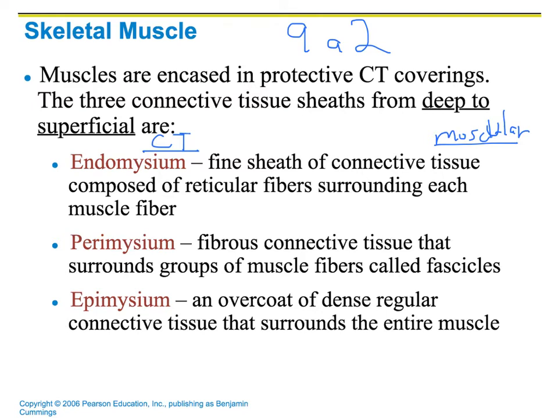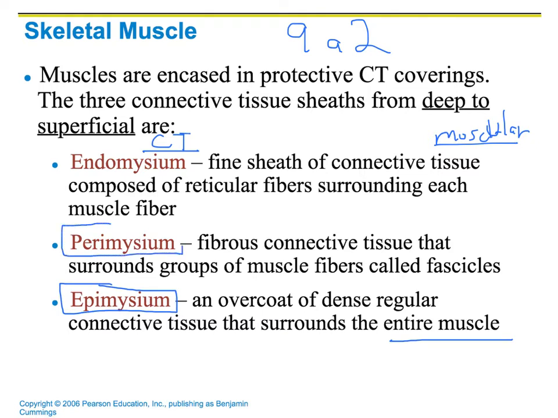The outermost covering you have is called epimysium. Epi means on top of. The epimysium covers the entire muscle and protects it and ties it nicely together, again like a sausage wrapping. Then within the muscle you have a perimysium cover.